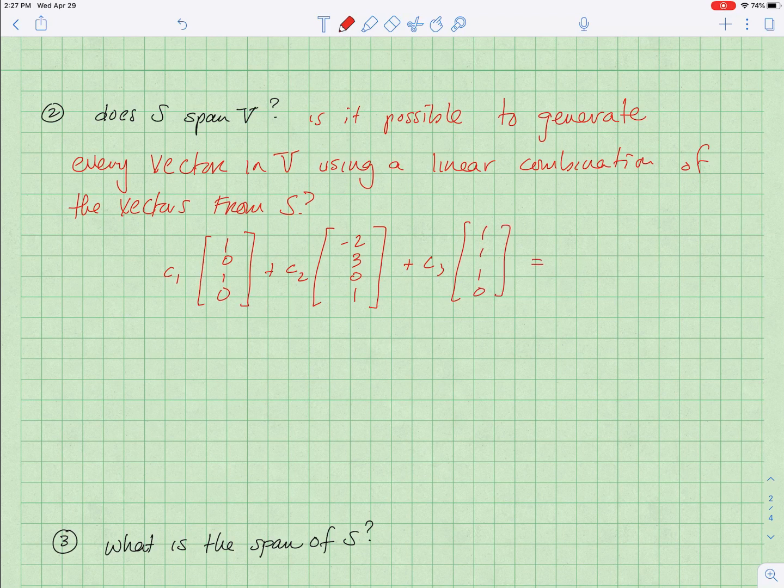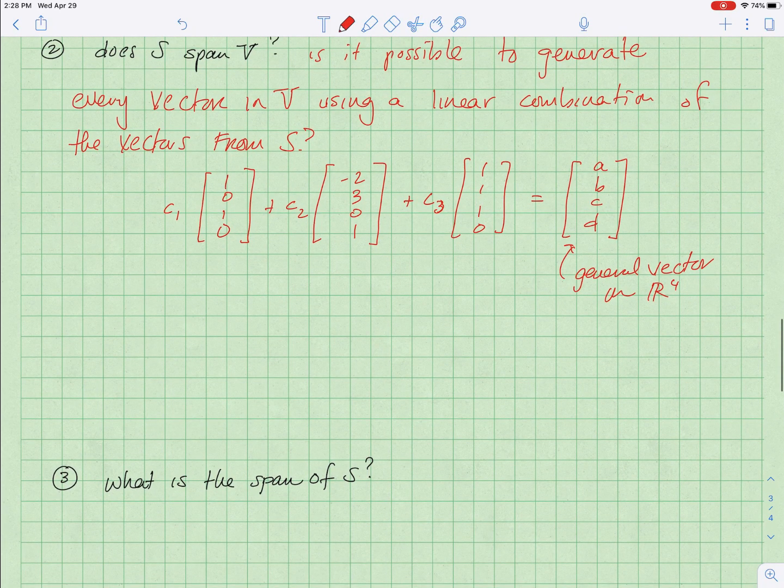Is there a possible solution of c1, c2, and c3 that will generate any vector possible in R4? This is a general vector in R4. Now we're going to look at these examples in detail in the next video. I just wanted to give you a feel for what these questions mean.